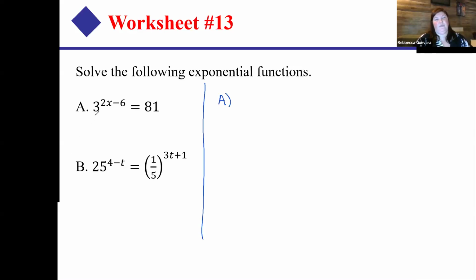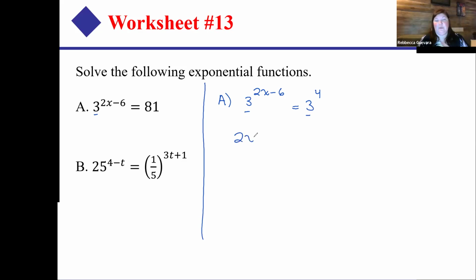All right, so for A, like I said, we have the 3 here, so we get 3^(2x - 6). So we can look at what power of 3 may give us 81. If you played around with that, you may have found that 3 to the 4th is 81. So now we have the same base.